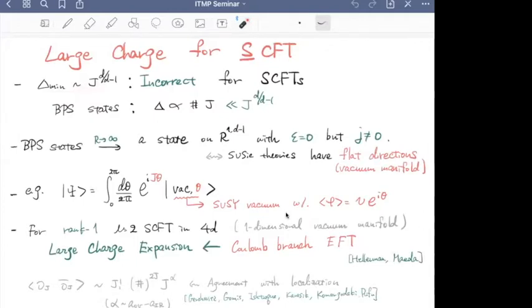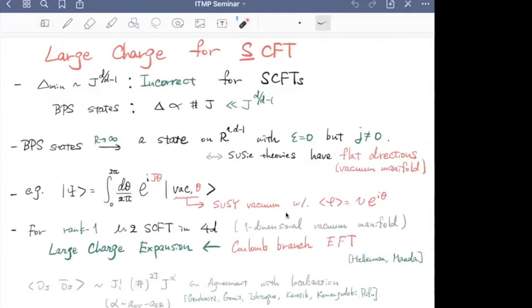And indeed, it's incorrect for superconformal field theory, because we know that in superconformal field theory, there are BPS states whose dimension scales linearly in j, which is much, much smaller than the prediction I made in the previous slides. So the prediction for delta minimum is actually wrong for superconformal field theory.